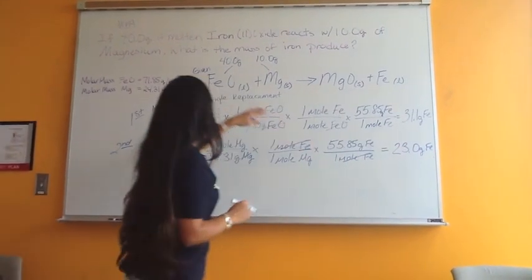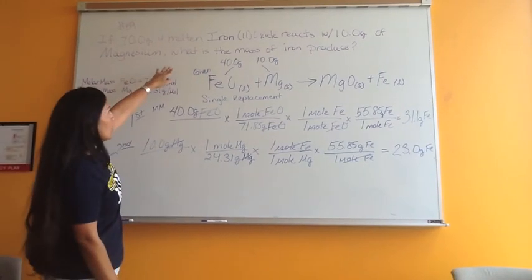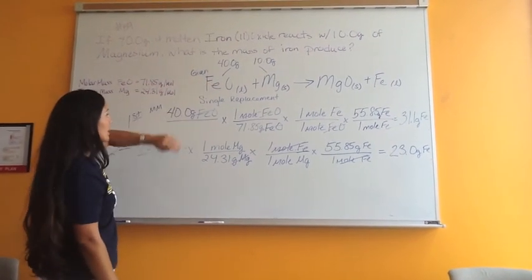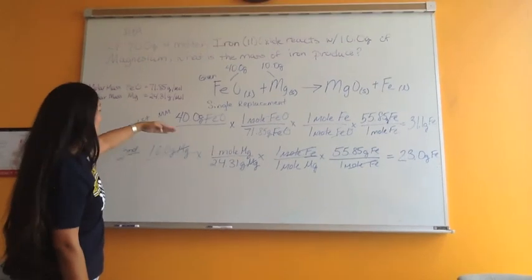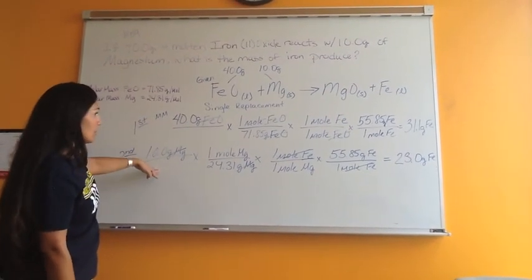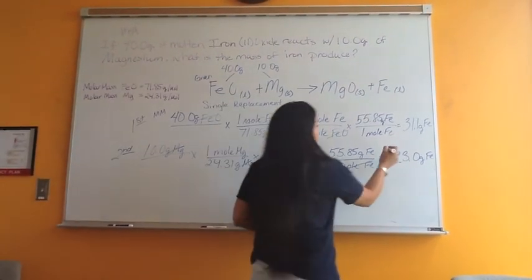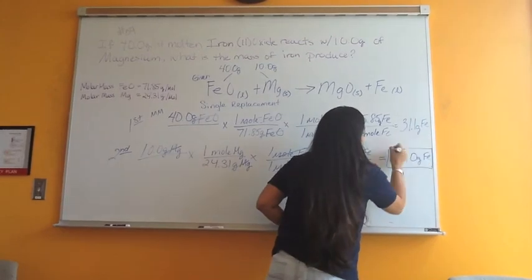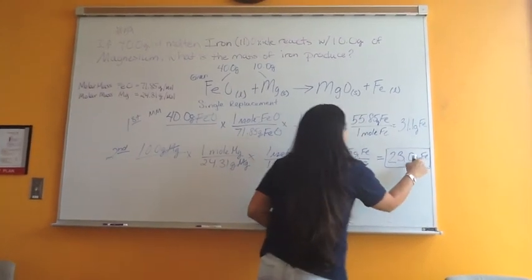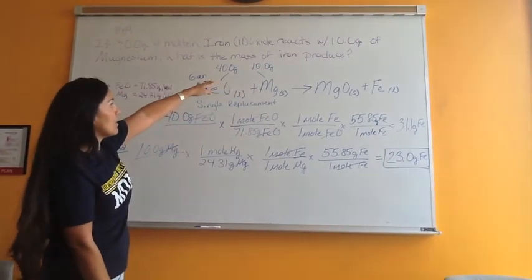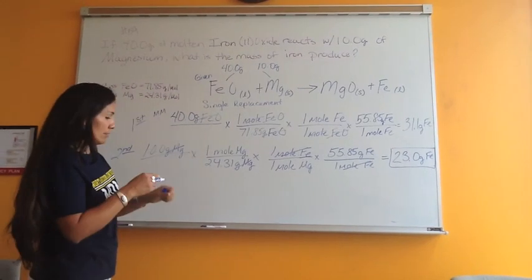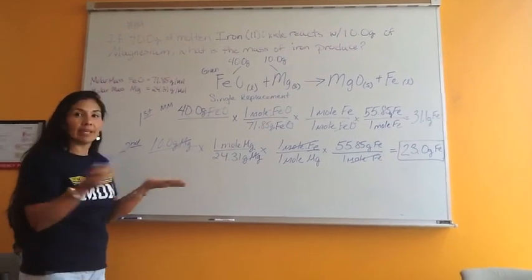With this being said, we go back to our question: what is the mass of iron produced when you compare the two, 40 grams or 10 grams? The limiting reactant found gives 23.0 grams of iron as the mass of iron produced. There you go.